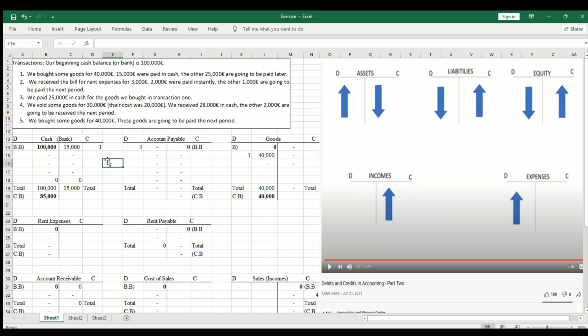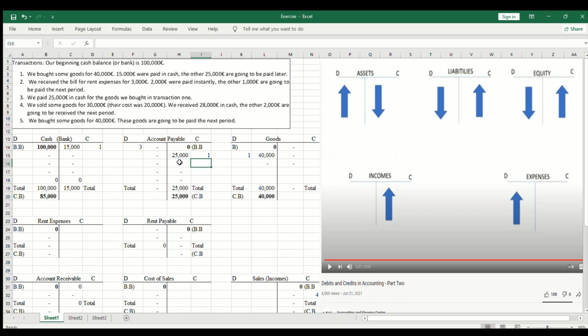And the other 25,000 euros are going to be paid later. So we have a liability for this sum, this 25,000 euros. This kind of liability is known as accounts payable. So in transaction 1 we also have accounts payable of 25,000 euros.